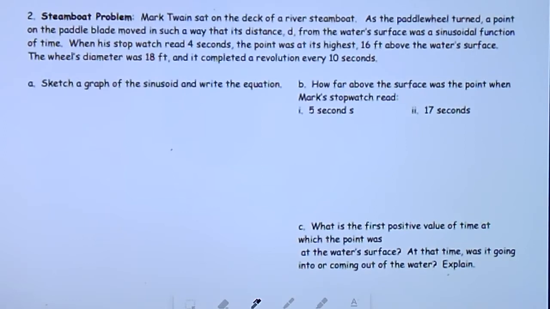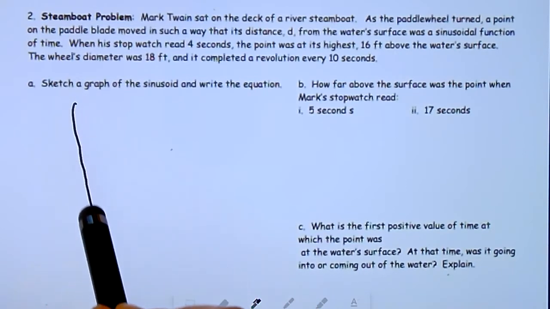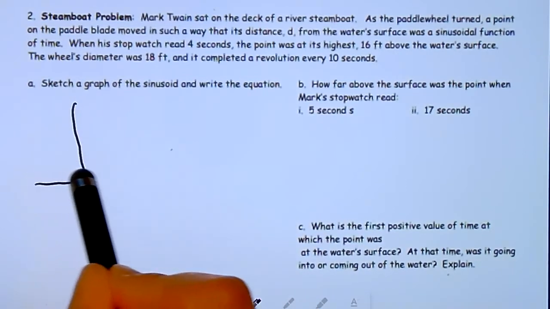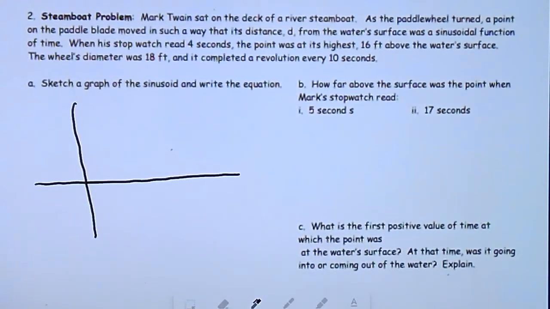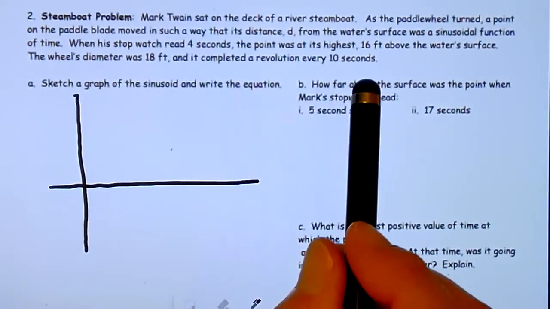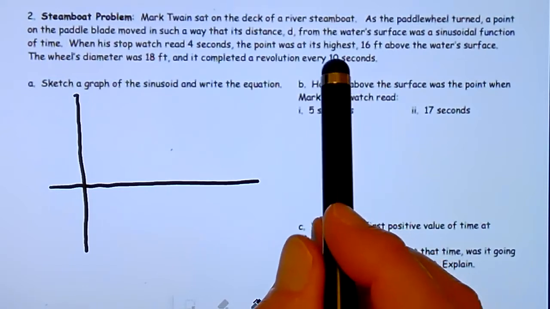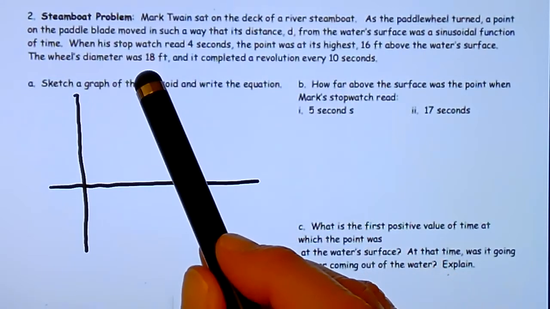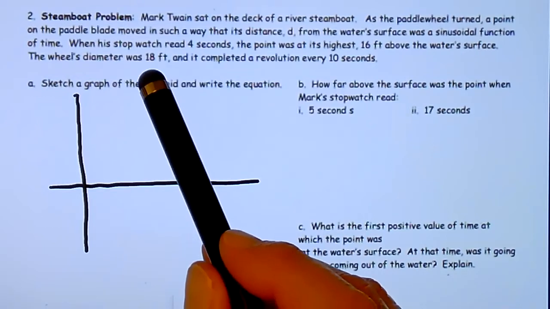Okay, so this one is going into the water, so I need to go below my x-axis. So let me just kind of draw this. So let's see, we know that the high is at 16. We know that the diameter is 18 for this.